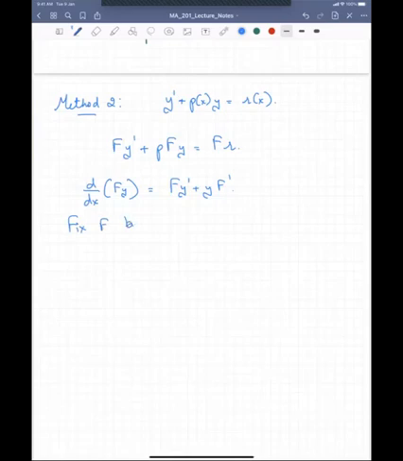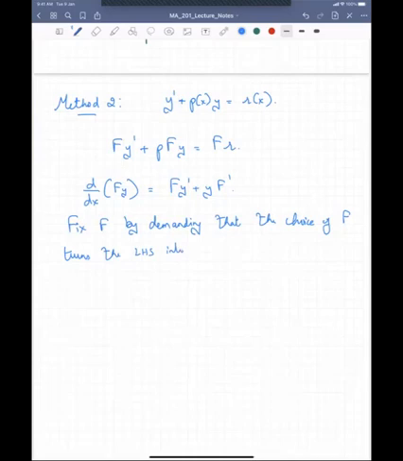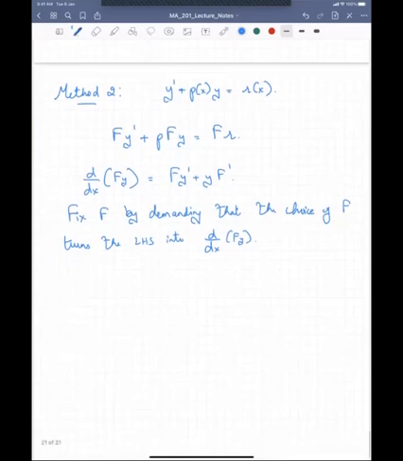Fix f by demanding that the choice of f turns the LHS into d dx of f times y. Of course, that is the job of an integrating factor. It is supposed to make the differential equation easily integrable.